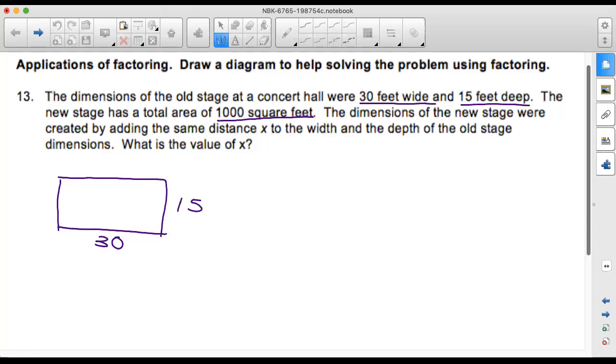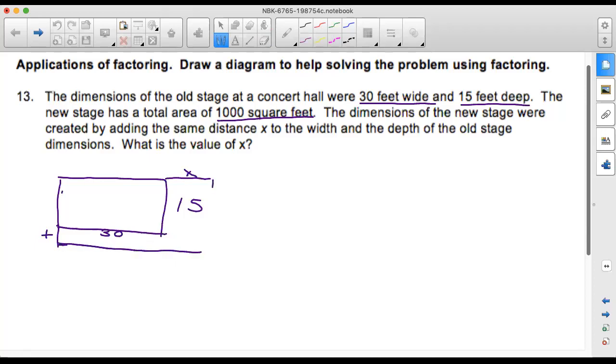So now we are adding the same distance x to the width and the depth of the old stage. So just like how we did the problems yesterday, what problem was that? Wasn't the pool, wasn't the quilt. That was the garden problem. We're adding the same distance to both sides. So we're adding x to the length and the height of this stage width.